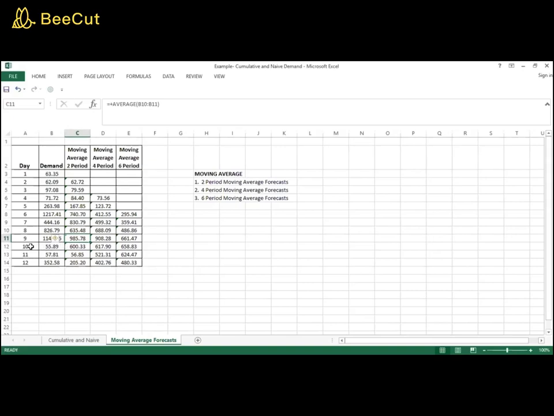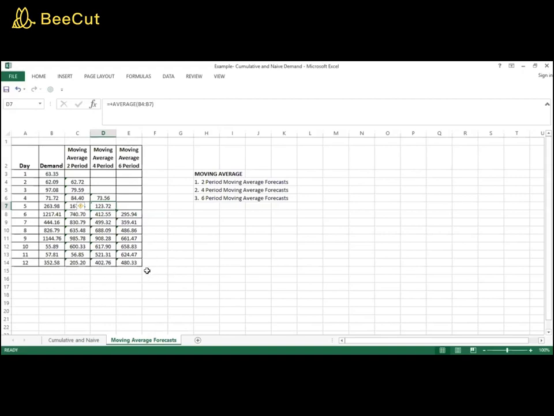And if it's a 4 period moving average, then you have to find the average of the last 4 periods. For example, the period 5 average is of days 2, 3, 4, and 5. The average of all of these will give you 123.72, and this is the forecast for period 6.